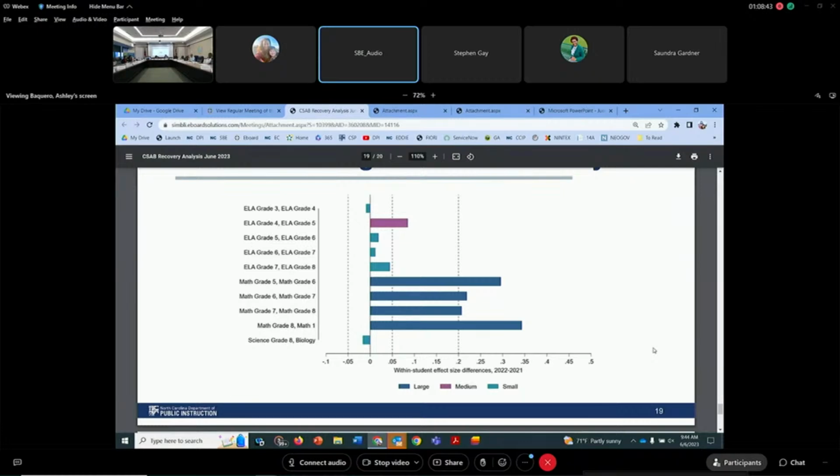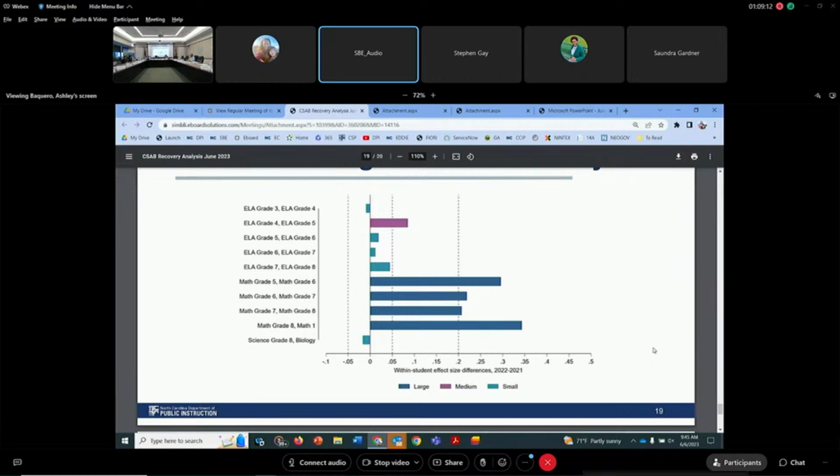So the previous slide suggests that students in this grade are doing better than students in this grade were last year. This tells us that for the most part, with a few exceptions of small negative differences, individual students are coming closer to their projected scores. In other words, they are getting back on track across grades and subjects, at least for the transitions we're looking at right now.